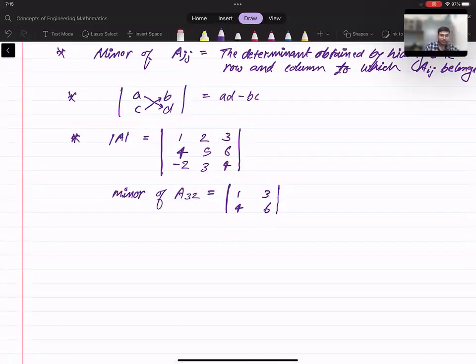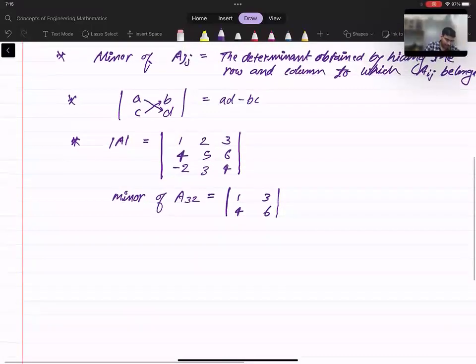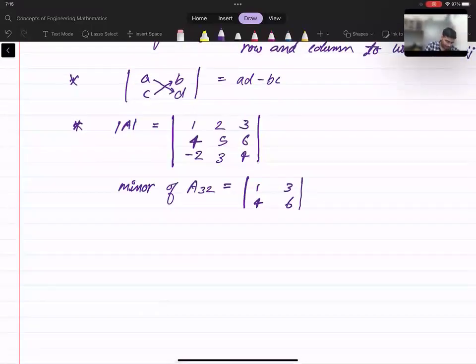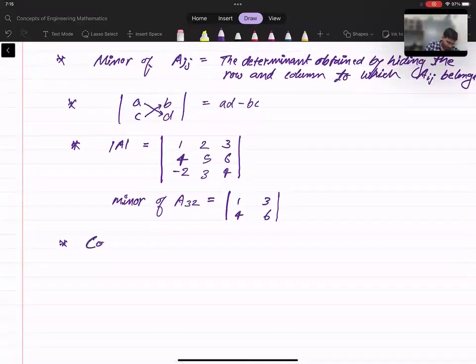Now after this minor, let us see what we mean by cofactor. A cofactor is nothing but a minor with its proper sign. So cofactor of Aij, as I mentioned, is the minor with proper sign.